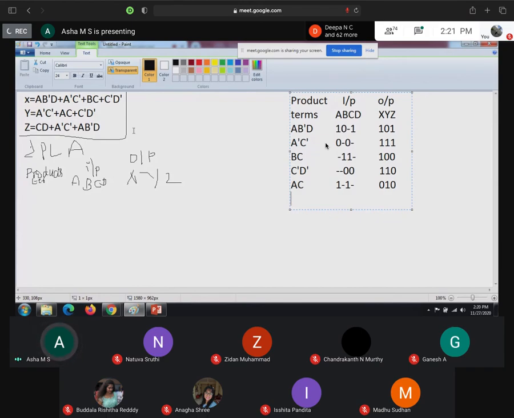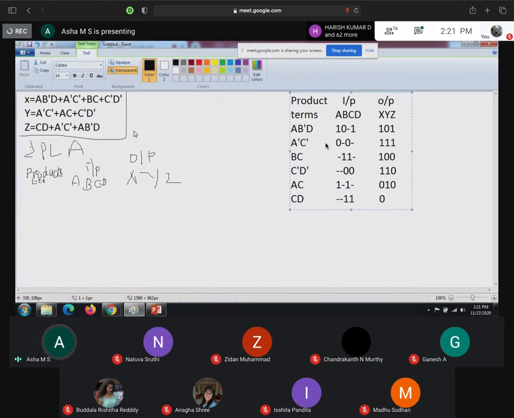Next, come to the Z equation and check the products. CD: have we done CD? No, CD is not yet done. A doesn't exist, hyphen. B doesn't exist, hyphen. C exists, it's 1. D exists, it's 1. So CD appears in how many equations? Is it there in X?